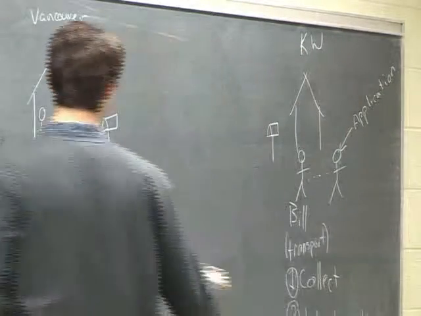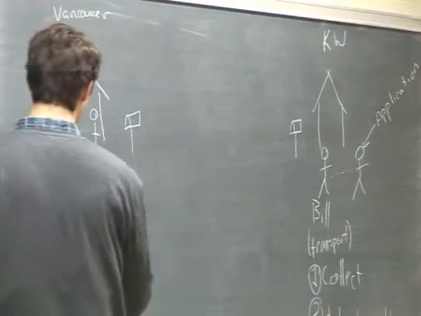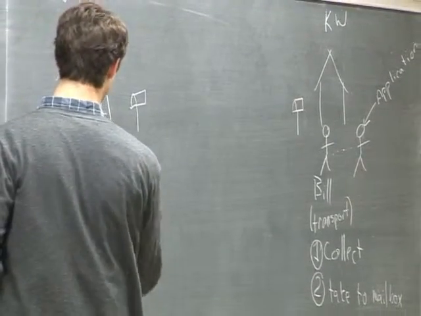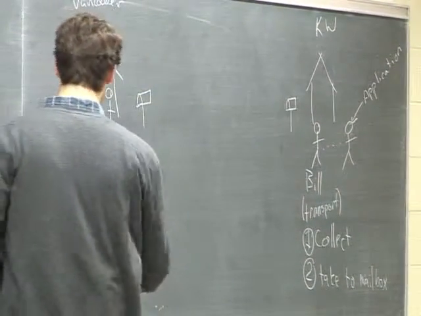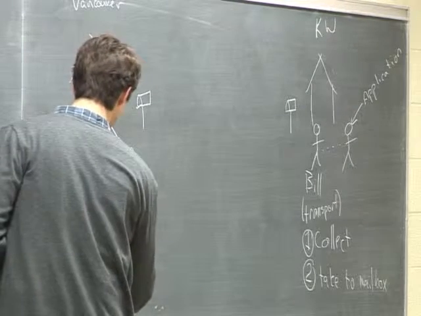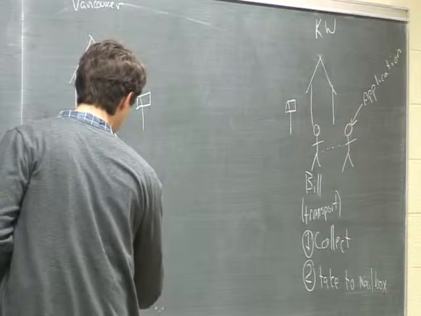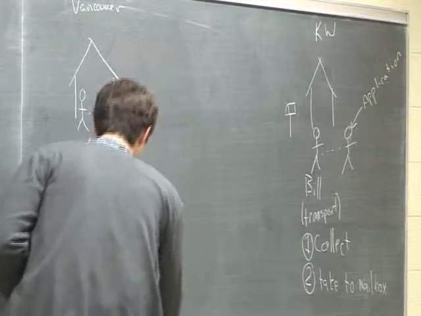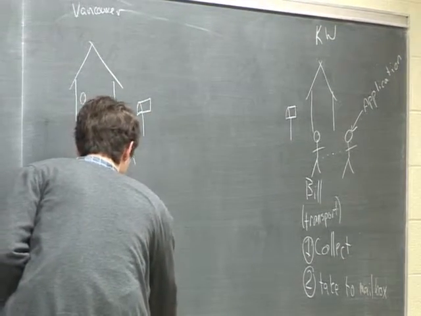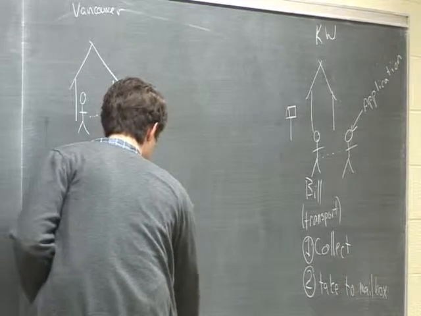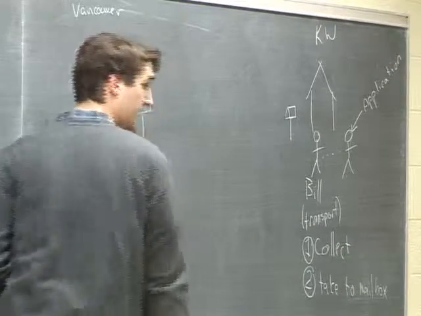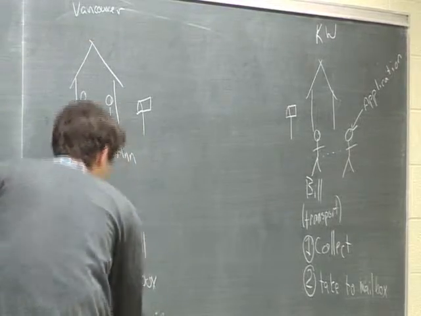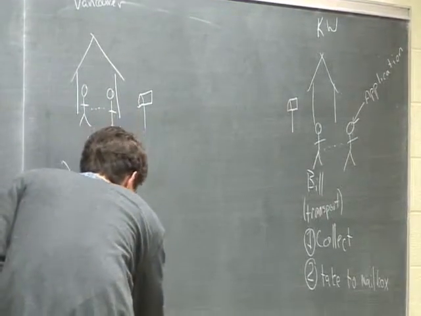So that's what they do when they are sending, and then when they're receiving, they receive messages, their behavior is to collect all messages, collect the mail from the mailbox, and then they do the opposite of that, and so they simply hand them out to the other kids.